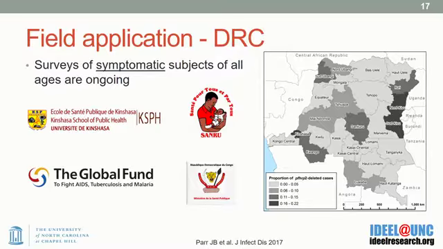And so, in collaboration with our partners at the Kinshasa School of Public Health, SANRU, and the National Malaria Control Program, and with financial support from the Global Fund, there is a survey now in 3 regions, including Kinshasa, Kivu, and in the north, Bas-Uele, looking at symptomatic subjects only.